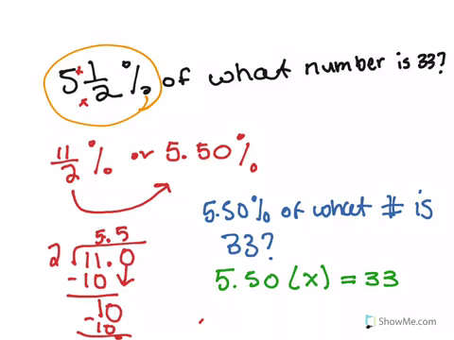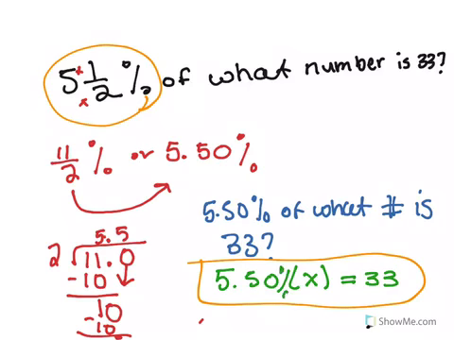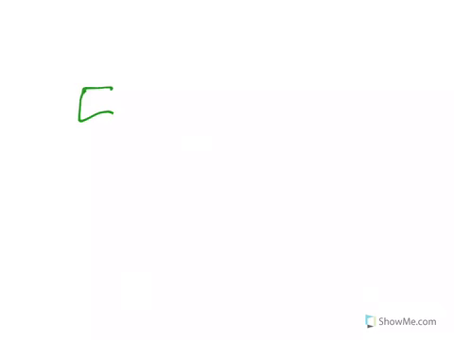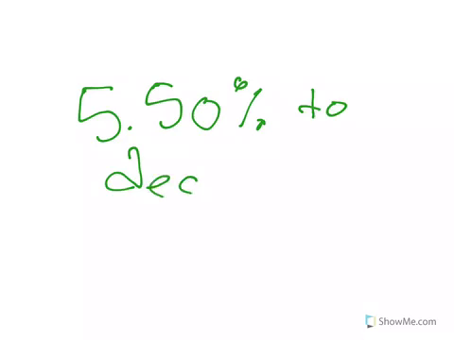Okay, now before you say, well, I'm done, remember, in order to solve for it, right now this still has the percent. So in order to make it a decimal, you're going to change 5.50% to a decimal before you say I'm done. So how do you do that?